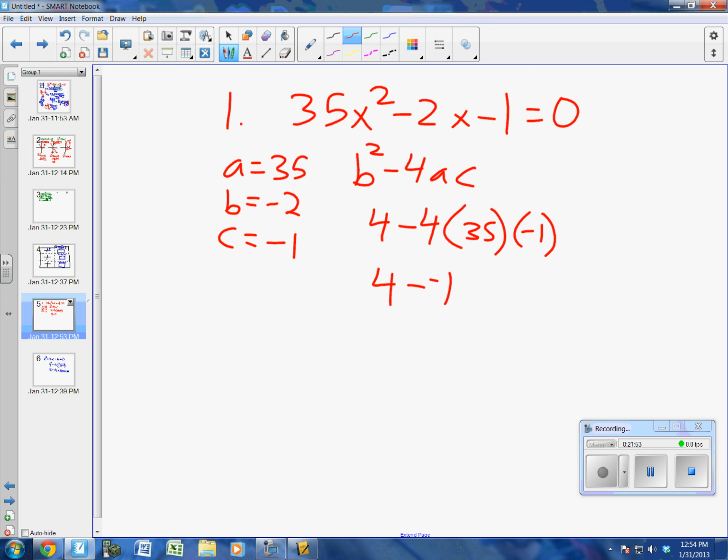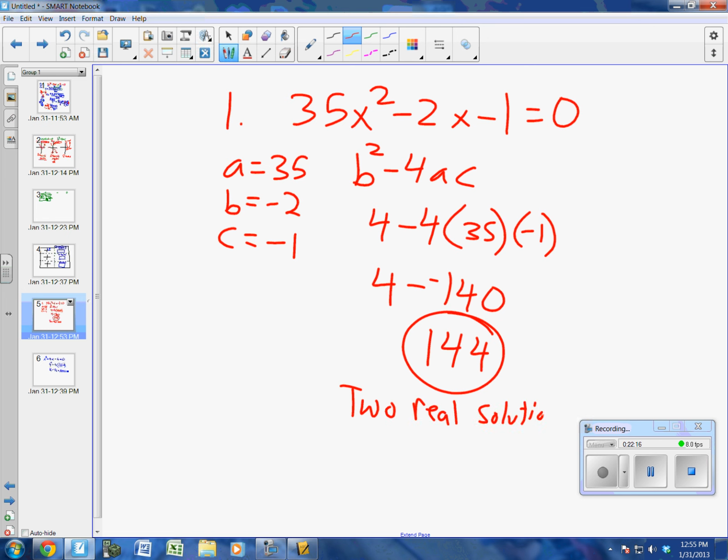And so you have 4 minus a -140 is 144. Since I got a positive number, what does that tell me about my 2 roots? I'm going to get 2 real solutions, right? And I would write that on there. Done with problem number 1.